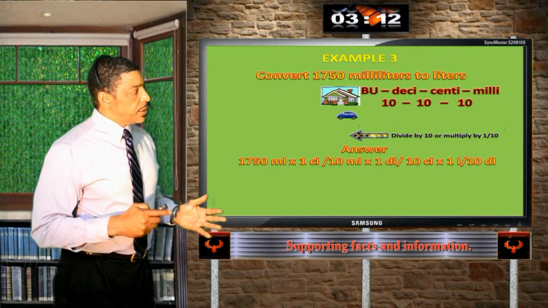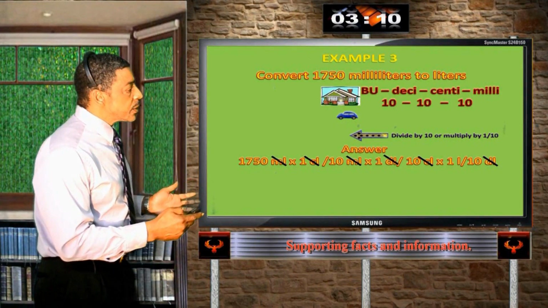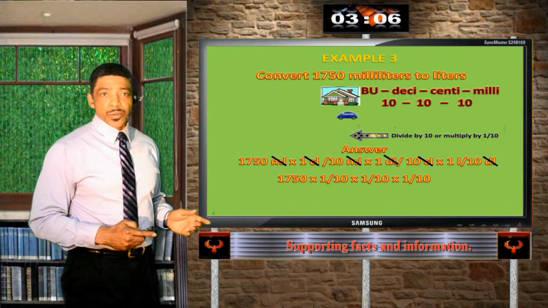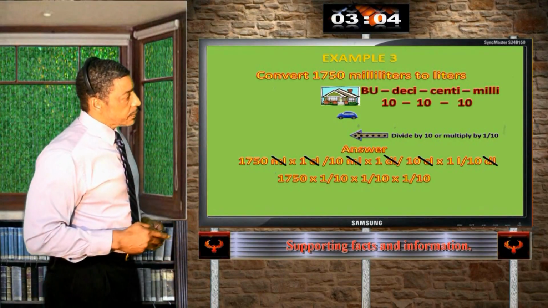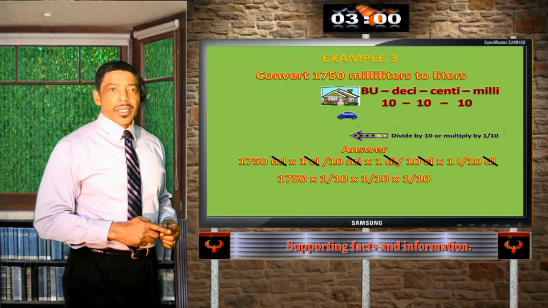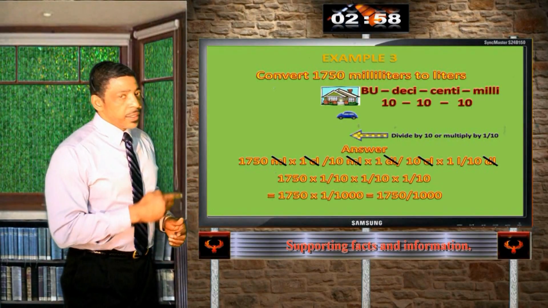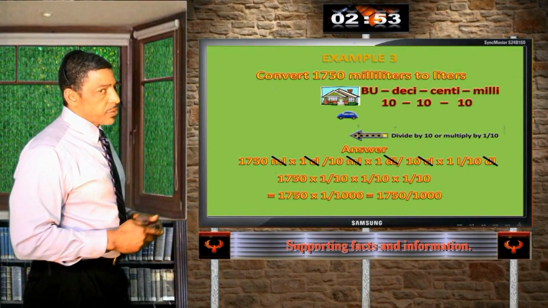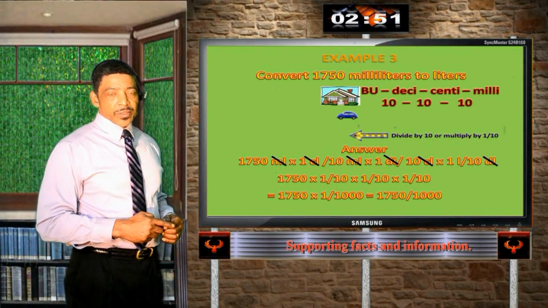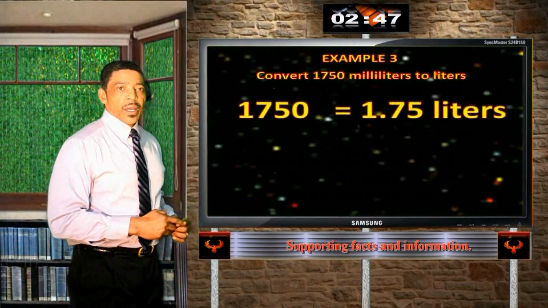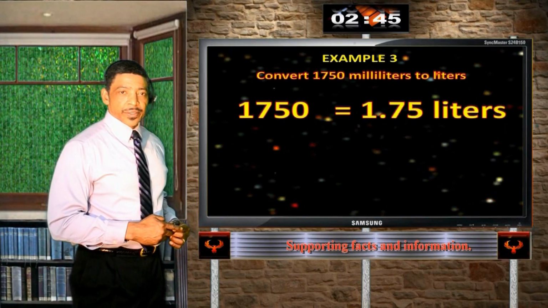After canceling the units, we may rewrite the solution as follows, where we multiply 1,750 times the reciprocal of 10 times the reciprocal of 10 times the reciprocal of 10. Or we may multiply 1,750 times 1 over 1,000, which is equal to 1,750 divided by 1,000. At any rate, in this case, the answer will be 1.75 liters.